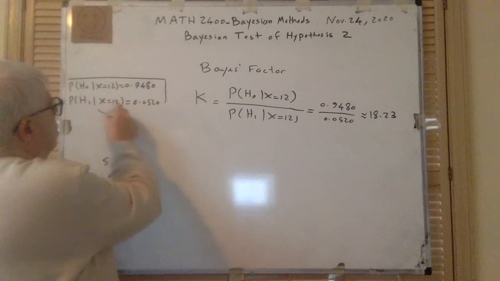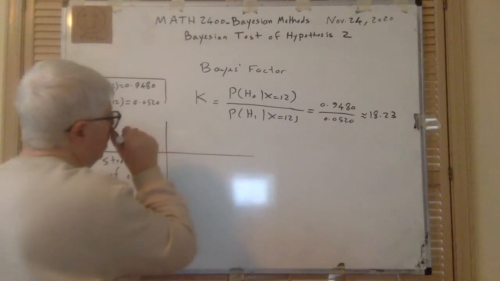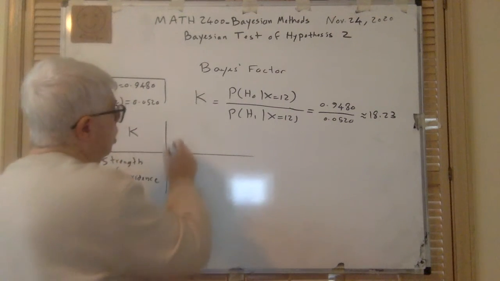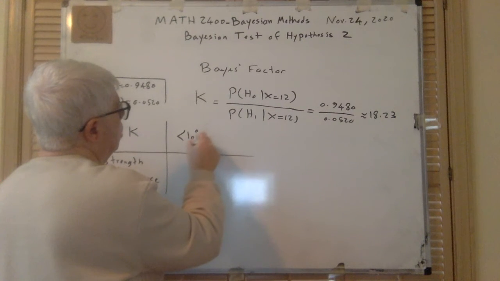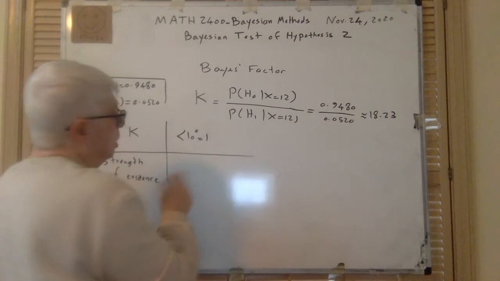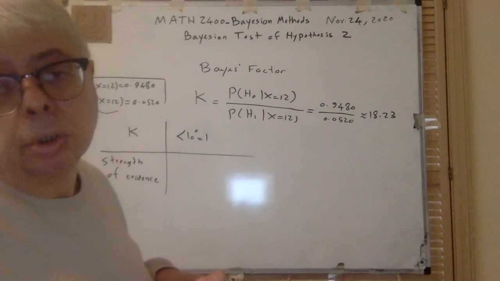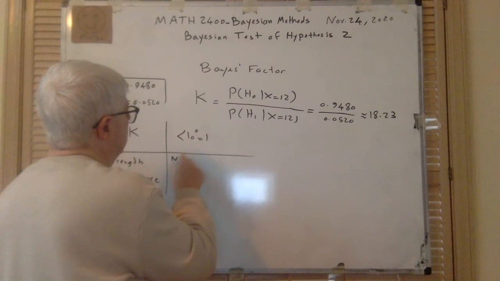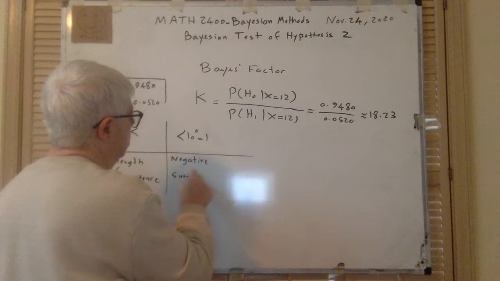They say that if K is less than 1, less than 10 to the power 0, which is in fact 1, then they call it negative, so this one supports H1.